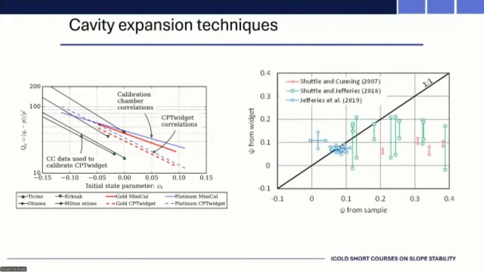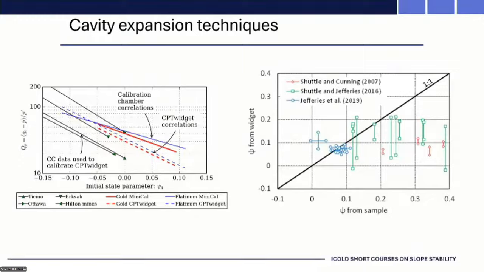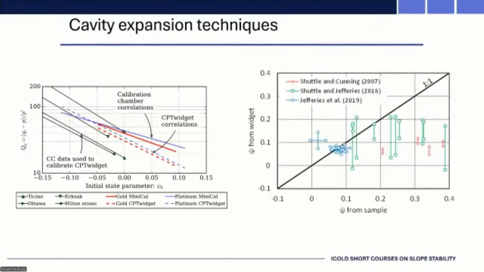So from our chamber tests, we derived the figure on the left-hand side there. And again, this wasn't in the original set of slides, but you will have it. The one on the right was something shown by Louis, which we interrogated subsequently, where again, there's an offset between the state parameter from the widget and that from the sample.